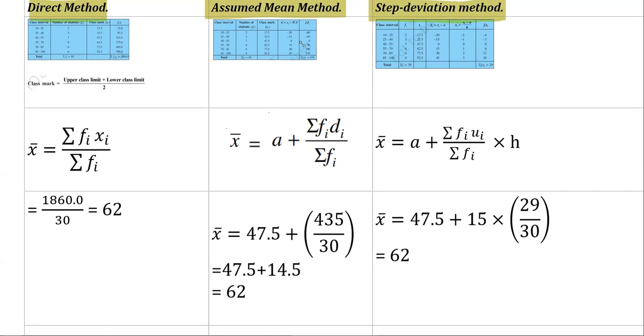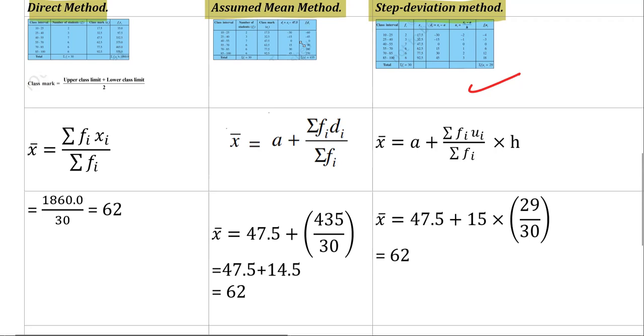Sometimes you are not given any specific method of calculating the mean. In that case, I suggest that you go for the step deviation method, because it is going to take less time. And it is always justified to use a method which involves fewer calculations and takes less time.